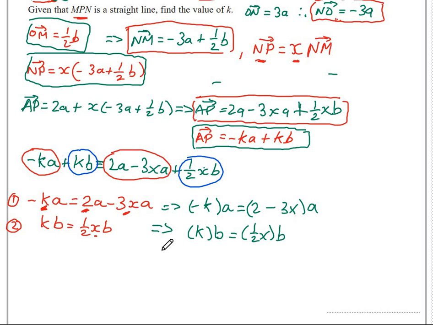Now that we're only trying to find the scalar k, we can disregard our vector components, and just say minus k equals 2 minus 3x, and k equals half x.